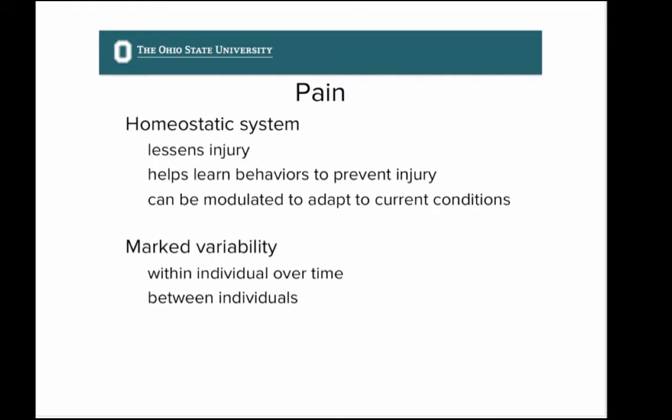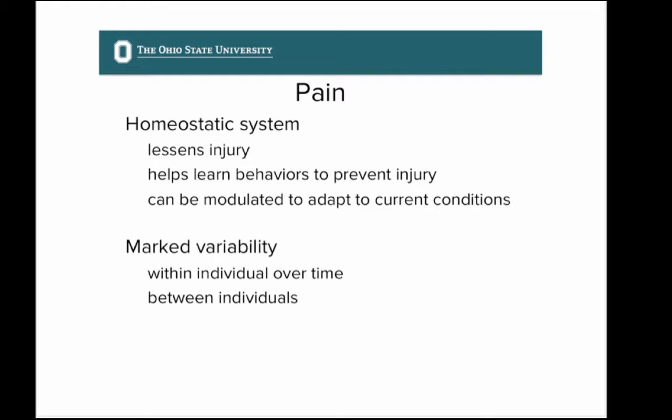There are injuries that need to be attended to, but that is not the number one priority for the person at that time. Number one priority is escape from the tiger. So the pain system modulates down so the person doesn't feel the pain until they escape from the tiger, at which time the pain system modulates back up and the person recognizes the pain and takes care of it.